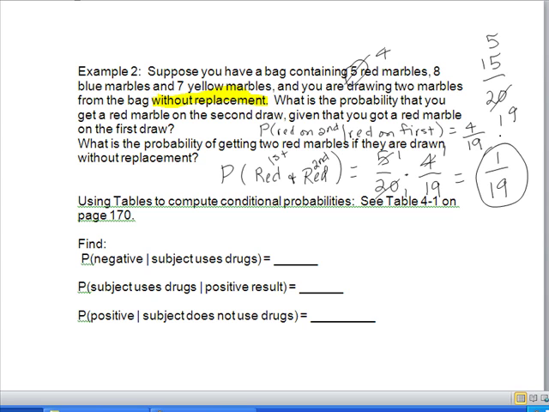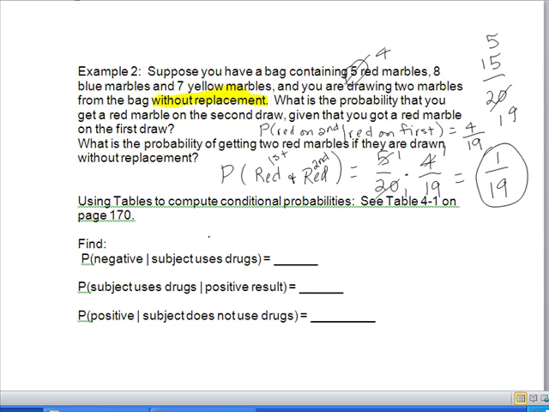First of all, we're asked to find the probability that the result is negative given that the subject uses drugs. So what we want to do is focus our attention only on the line that says subject uses drug. This tells us where to focus. We're not looking at anything else.